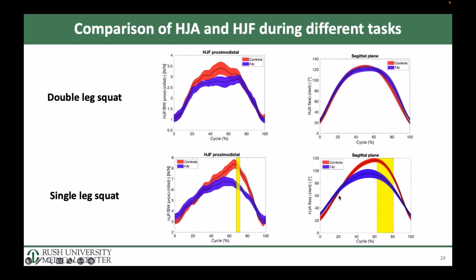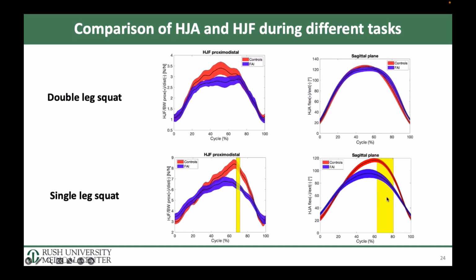And if we look at the graph in the second column, we can observe that for single leg squat there are some differences. You can see that these differences occur mainly from 60 to 80% of the single leg squat cycle, which is also roughly where we had differences in terms of forces.